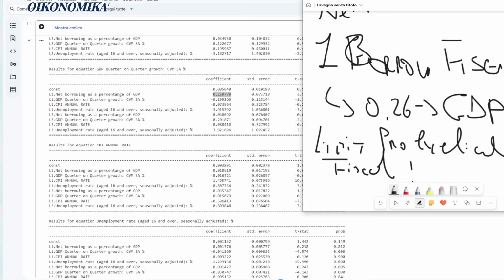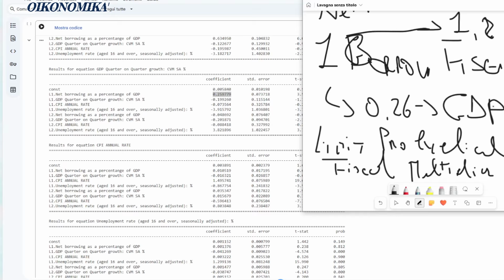So the fiscal multiplier. It means that however many times any government has tried to do fiscal spending to stimulate growth, the final result is that for 1% of borrowing, you have 0.26% of GDP, which is not great, okay? You would ideally expect, I don't know, 0.5 or more than 1%. You would expect that for 1 unit of borrowing, you would have 2 units of growth, okay?